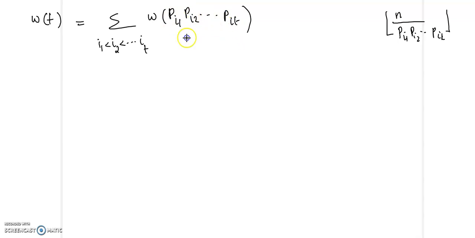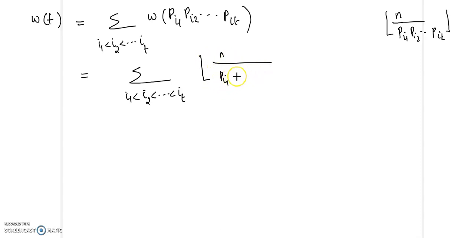So the number of such multiples will be given by the greatest integer function of n by pi1 pi2 etc. pit.